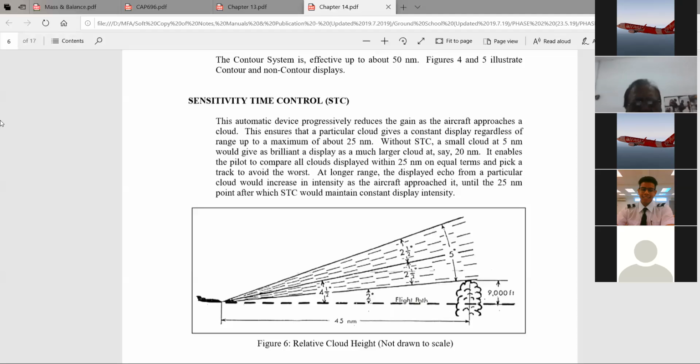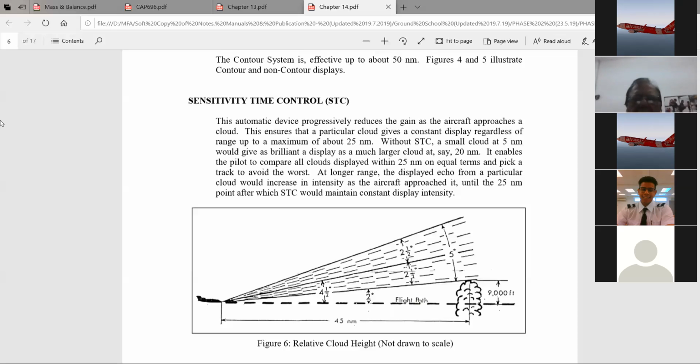If it is 4.5 degrees up, and the beam half-thickness is 2.5 degrees, then 4.5 minus 2.5 is 2 degrees left over. That means the actual tilt in this case is 2 degrees. 2 into the distance, 45 nautical miles, divided by 60. 1.5 is the answer.